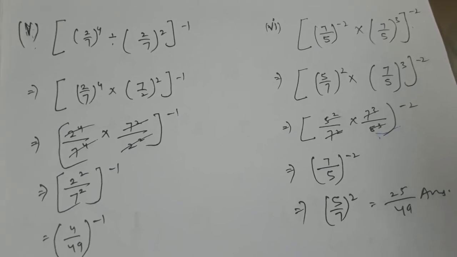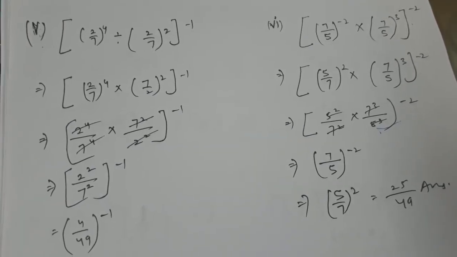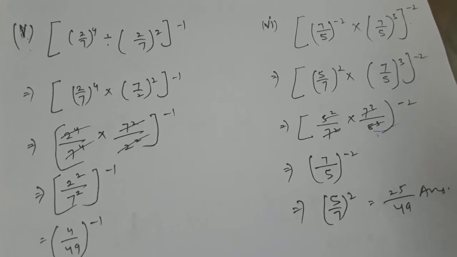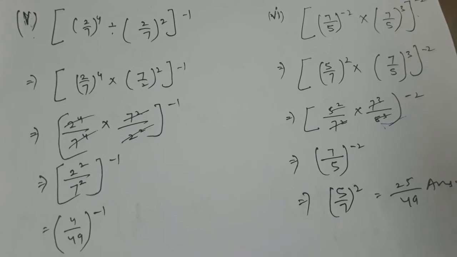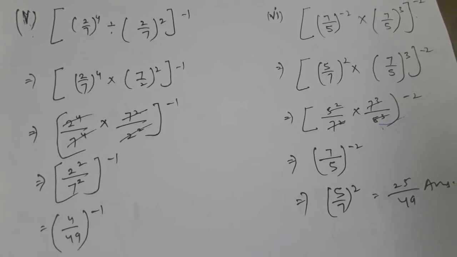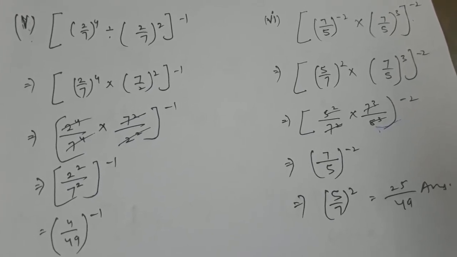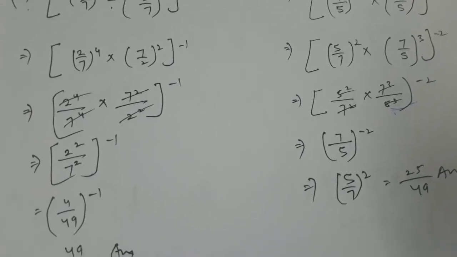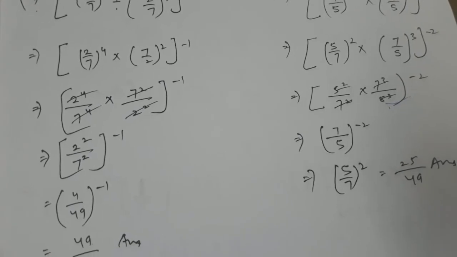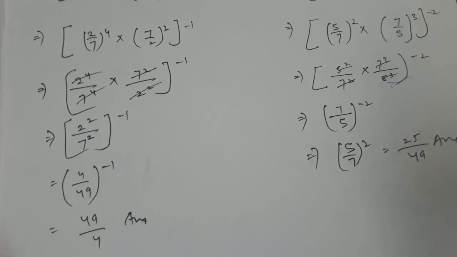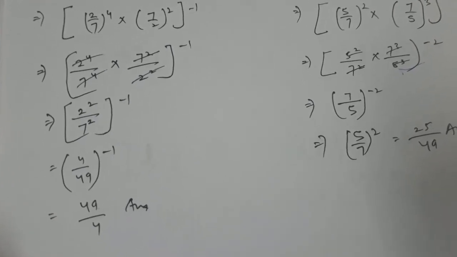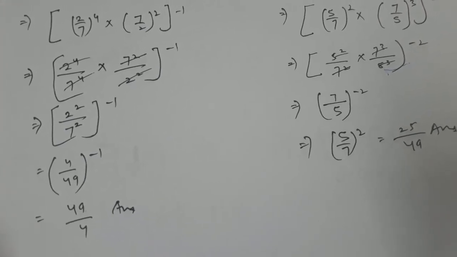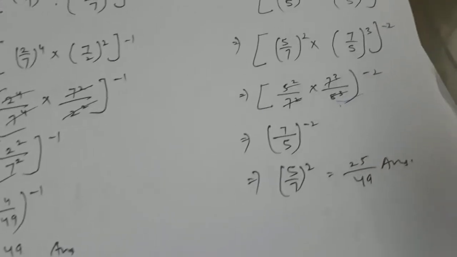So how will we solve it? 2 by 7 raised to the power 4 into 7 by 2 raised to the power 2 whole raised to the power minus 1, that is 2 raised to the power 4 by 7 raised to the power 4 into 7 raised to the power 2 by 2 raised to the power 2 will get cancelled, so as to bring 2 raised to the power 2 by 7 raised to the power 2 whole raised to the power minus 1. So 2 raised to the power 2 will become 4 and 7 raised to the power 2 would become 49, raised to the power minus 1, that is 49 by 4.